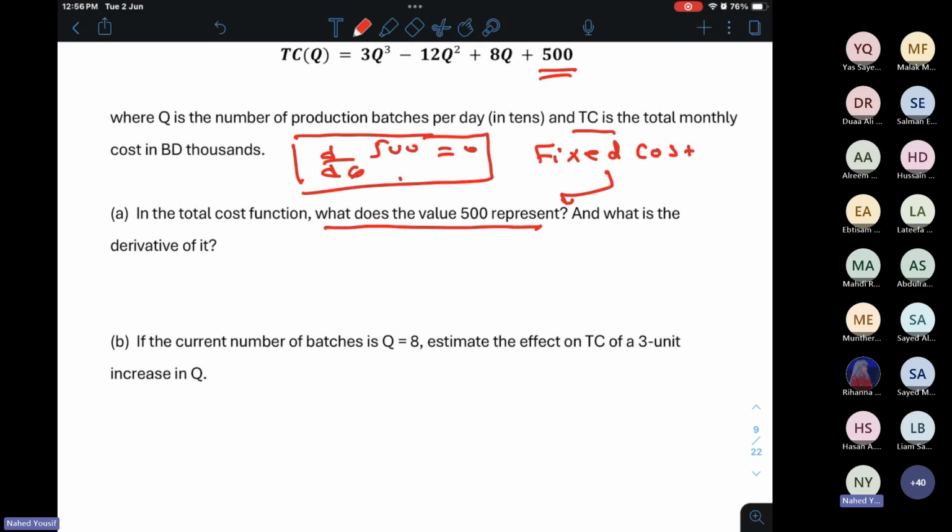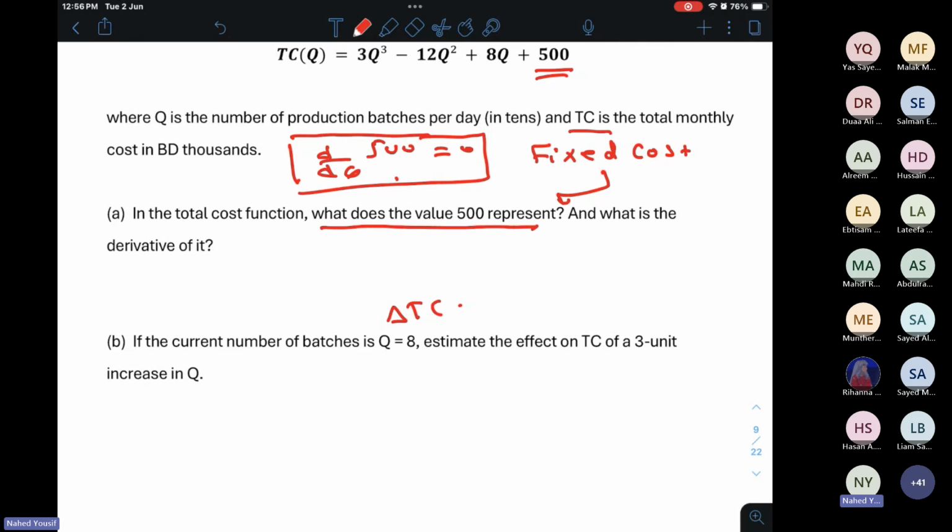We have to differentiate, because they want the increase within a certain unit. The formula for the increase which we will use is approximately the first derivative times delta Q. So how to apply it?